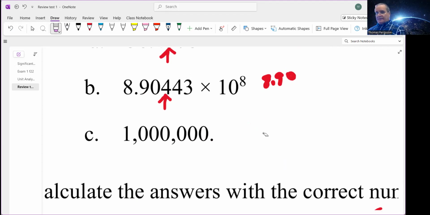It's 7 sig figs, right? And we're rounding to 3 sig figs. That's going to be right there. Okay. So the only way to do this is with scientific notation. So we're going to convert this to scientific notation.